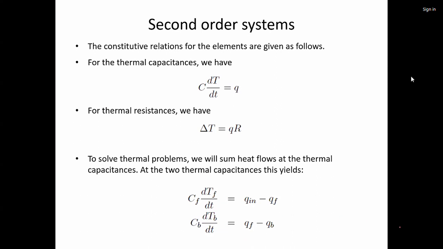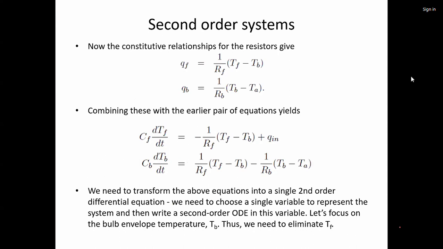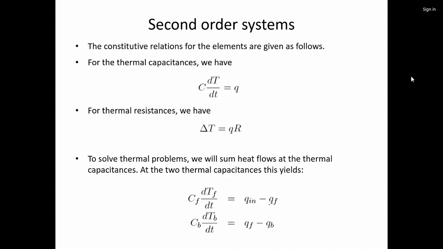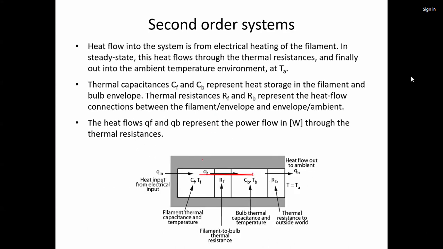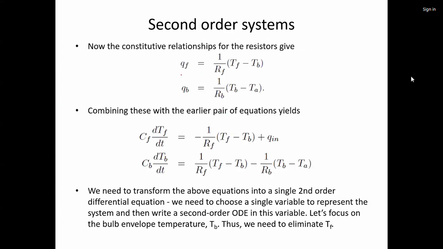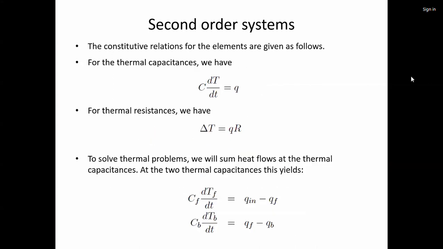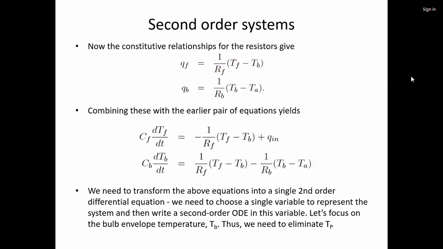And you can actually write QF from the thermal resistance relation: QF is delta T over R. The temperature drop is TF minus TB, and the resistance is RF. So QF will be TF minus TB divided by RF.